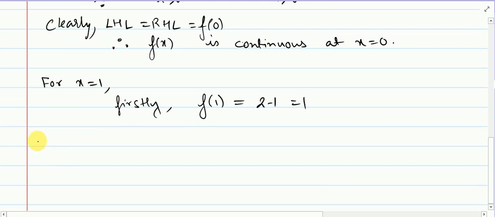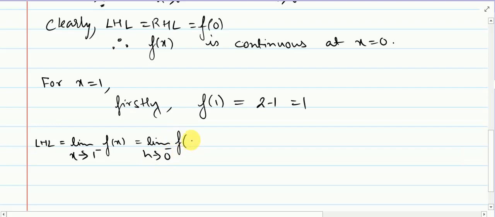Now we will find the left hand limit. So limit x tends to 1 from the left hand side, h tends to 0, 1 minus h, limit.